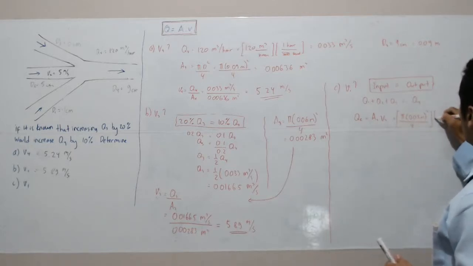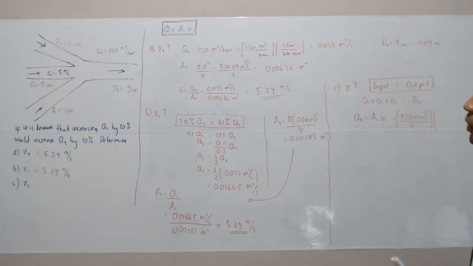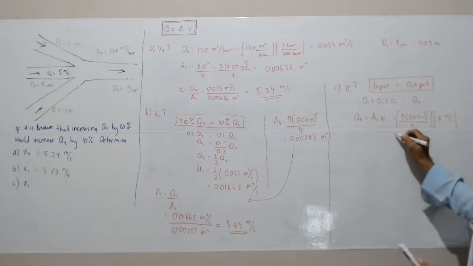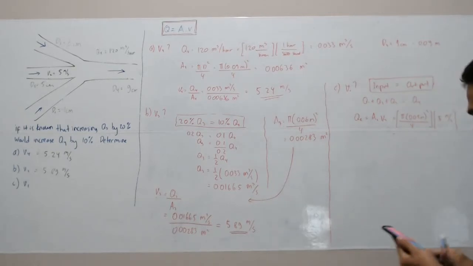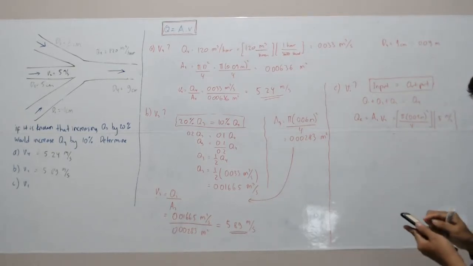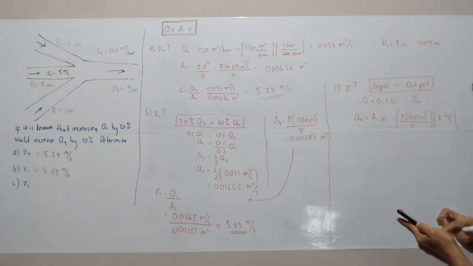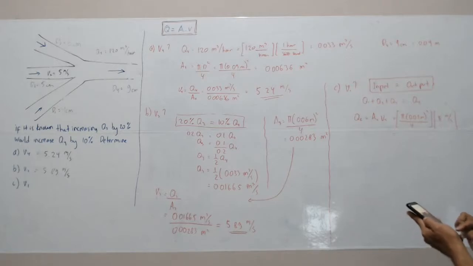times the velocity. We already know the velocity in meter per second. Now we just have to calculate it. So it's pi times 0.05 squared over 4 times 5.